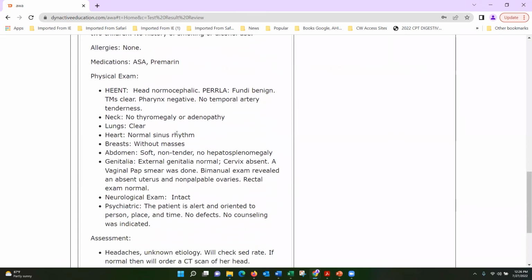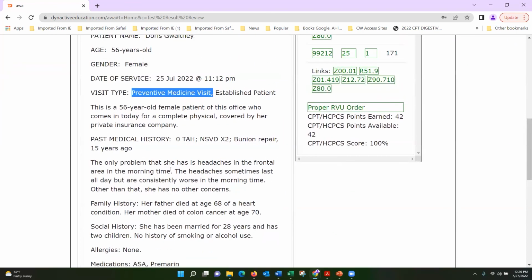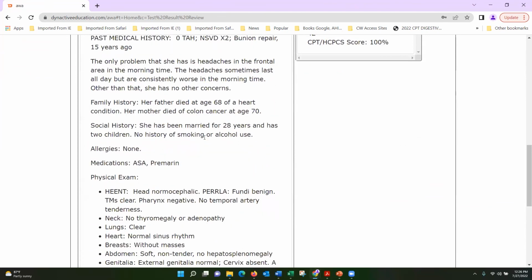And in the ICD-10, our Z codes don't capture screening for malignant neoplasm. That code of Z00.01 is the preventive medicine visit. But we also want to capture the diagnosis that the patient was screened with a vaginal pap smear for malignant neoplasm. Does that help? Yes. Okay. Thank you. You're welcome.